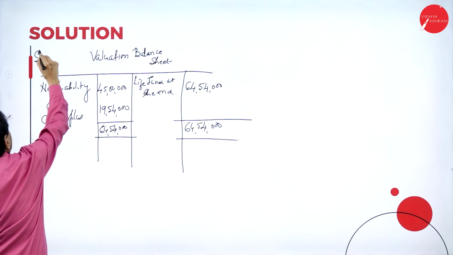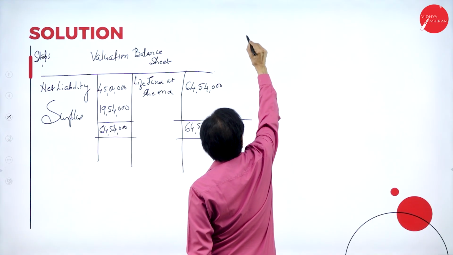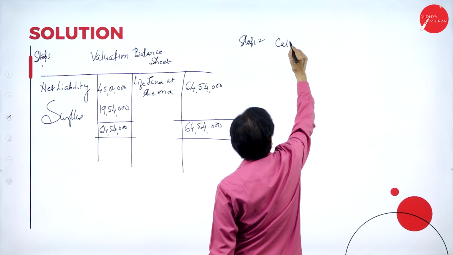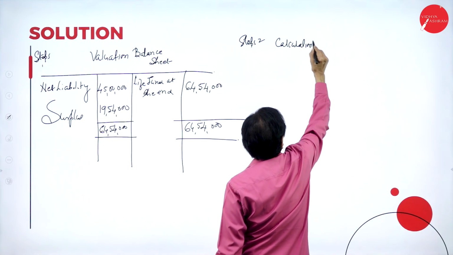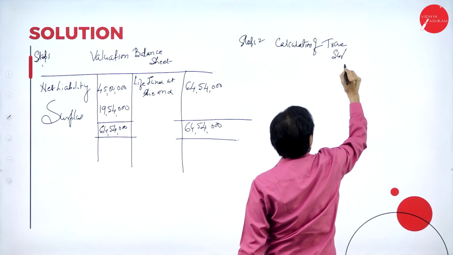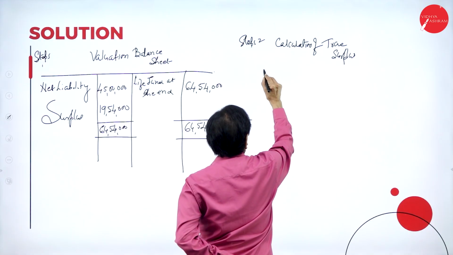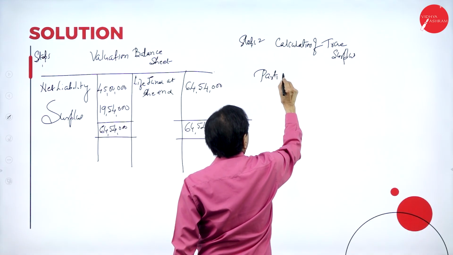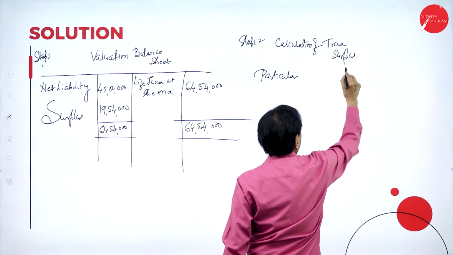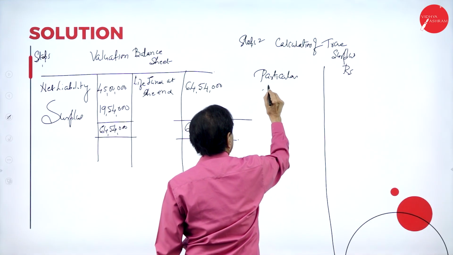Step 1 done. Now, step 2. Calculation of true surplus. Particulars, rupees.